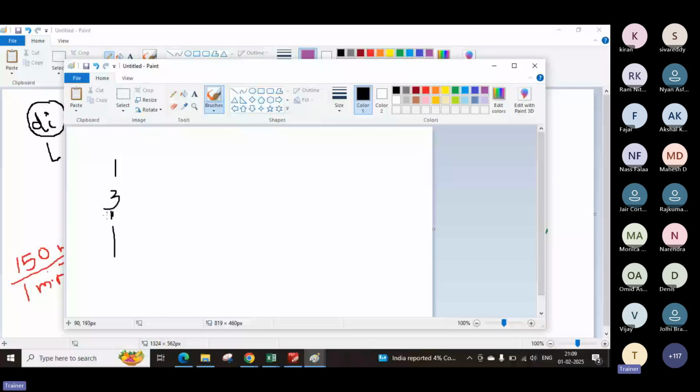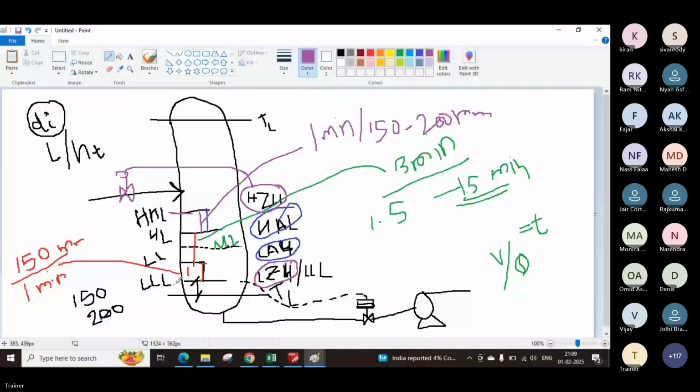So you know 1 plus 3 is 4, 5, 6. So you know you require 6 minutes of residence time from high liquid level to low liquid level, where your fluid needs this much total residence time in the vessel.